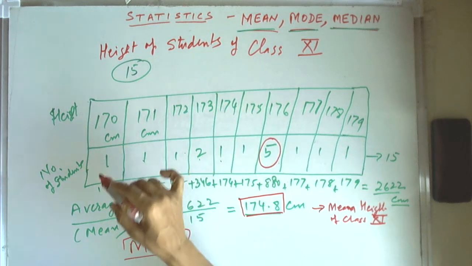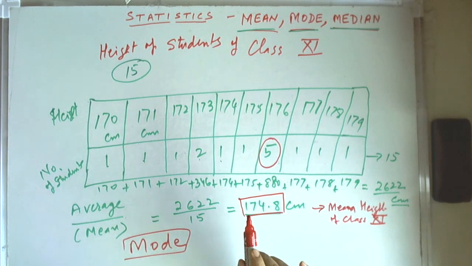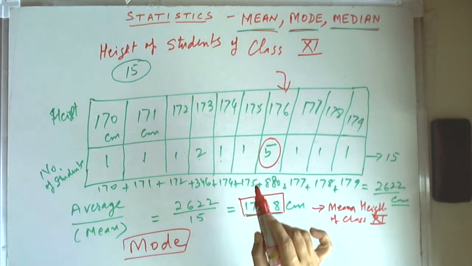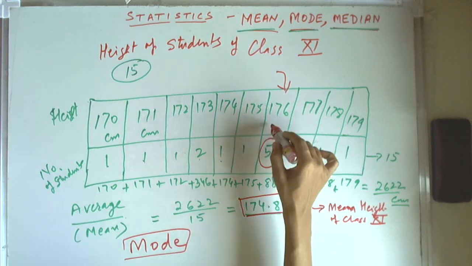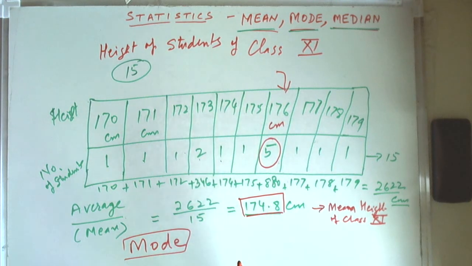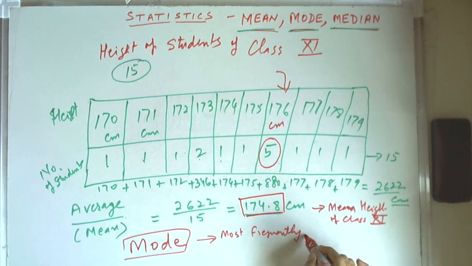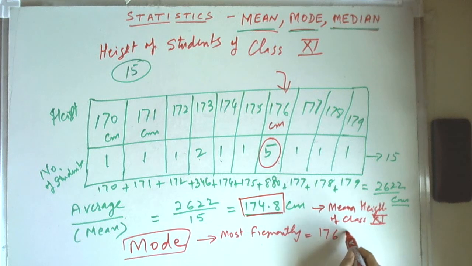So if you look at the most frequently occurring height, the most frequently occurring height is 176 centimeter, and this is happening for 5 students. And this is called mode. So the mode is 176 centimeter.